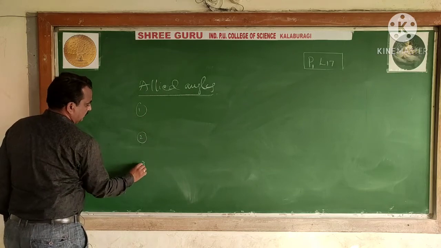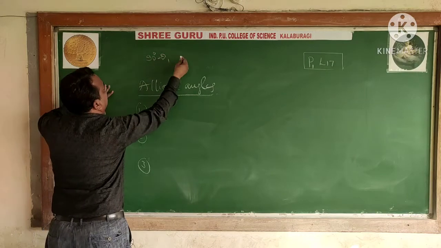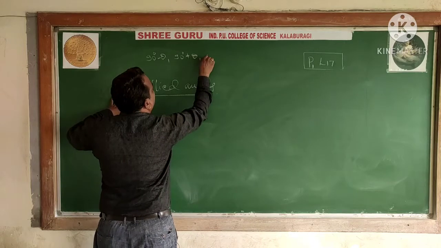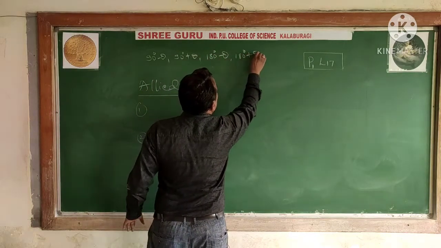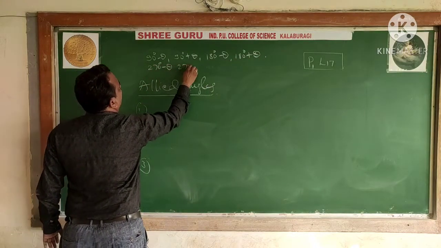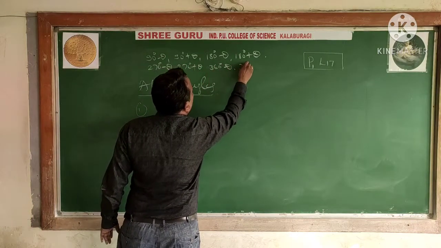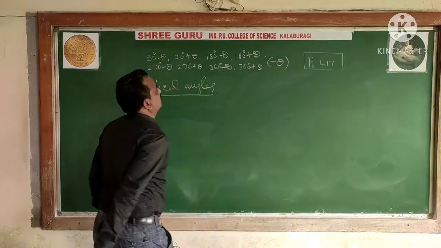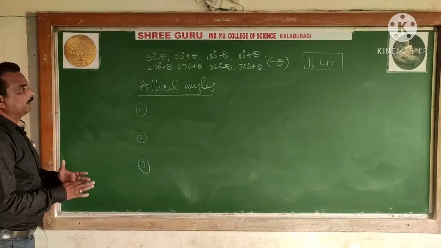These are the allied angles: 90 minus theta, 90 plus theta, 180 minus theta, 180 plus theta, 270 minus theta, 270 plus theta, 360 minus theta, and 360 degree plus theta. We have taken them in terms of both radians and degrees. These are known as allied angles. You have to study the allied angles.